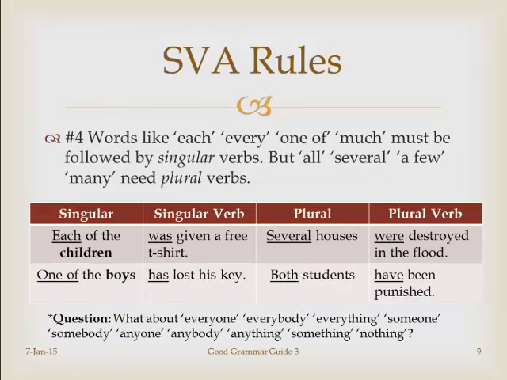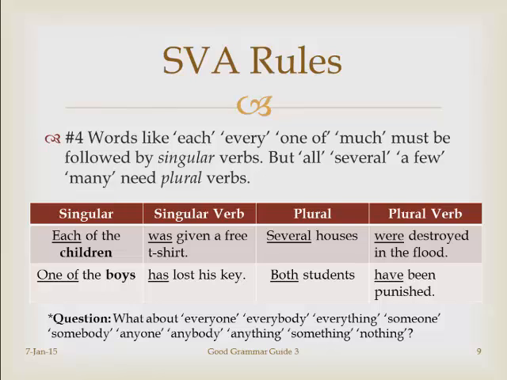Words like each, every, one of, much must be followed by singular verbs, but all, several, a few, and many need plural verbs, as you can see in the example in the table. Now let me ask you this.